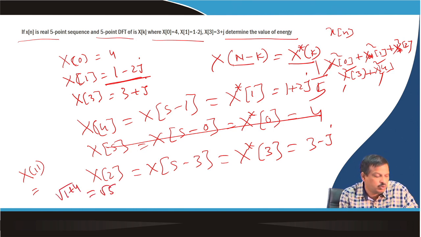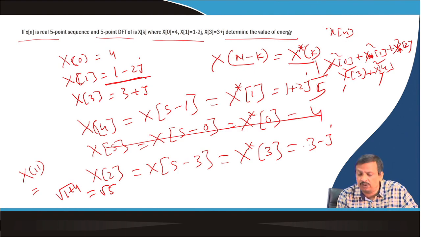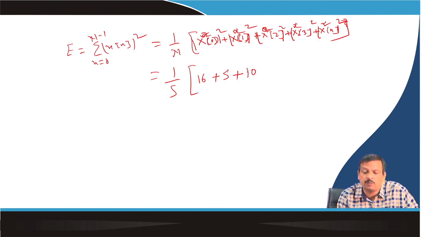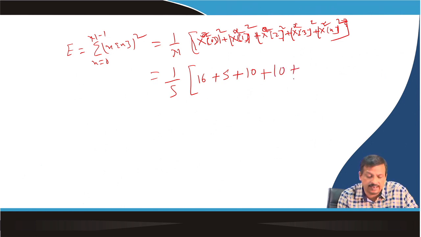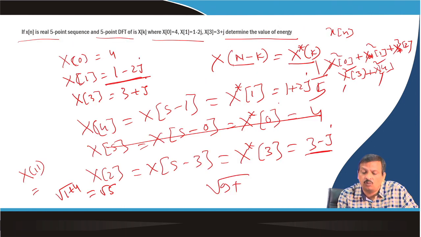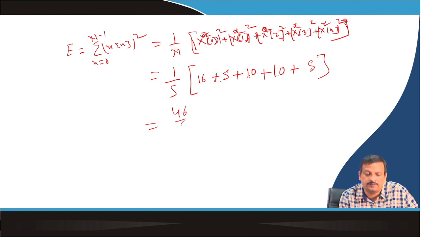So, it is root of 5, and the square of root of 5 is 5. Plus X2, which is 3 minus j, root of 9 plus 1, root of 10, squared is 10. Plus X3, which is 3 plus j, again 10. Plus X4, which is 1 plus 2j, again 5. So, 16 plus 5 plus 10 plus 10 plus 5 is 46, so 46 by 5.